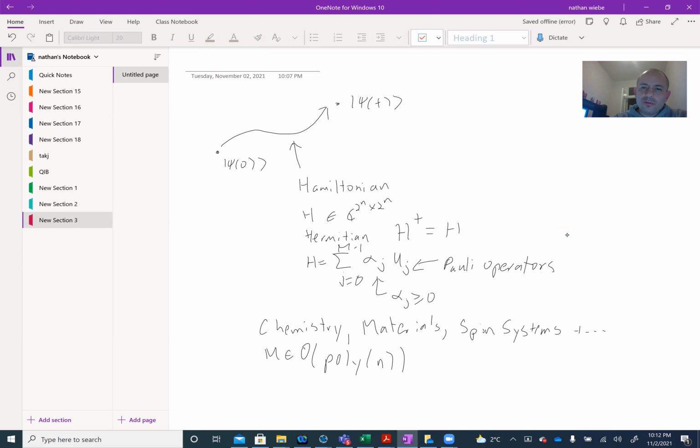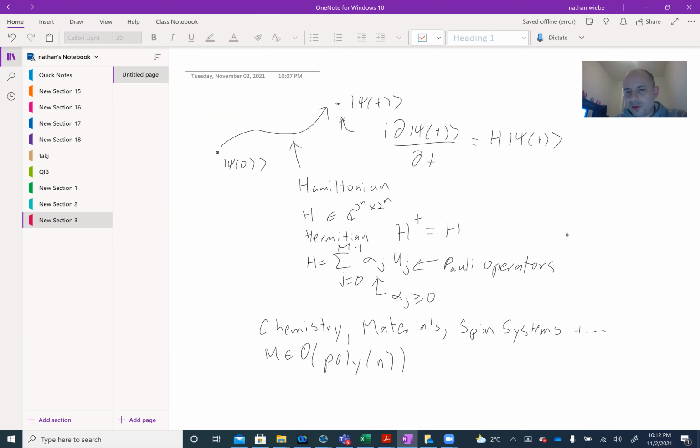Now the Schrodinger equation is a differential equation that governs what the quantum state is at a later time. It's given by i d psi of t by dt is equal to H psi of t. Further, we can write the solution to this in a nice way.